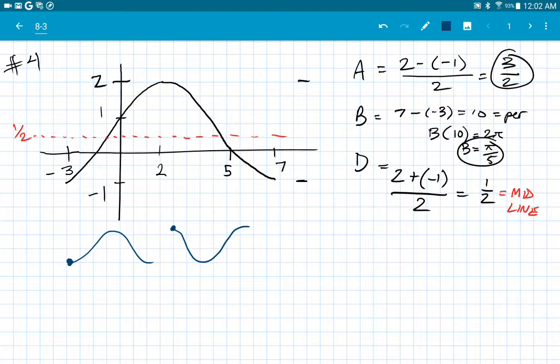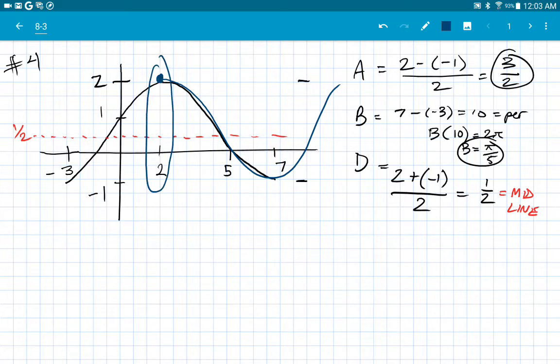So it's your choice. In this case, I'm just going to go ahead and create the cosine graph that represents that maximum, and it'll just make its way down like that. So to do that, since cosine starts right here, my c value will just be 2. So for cosine, we're going to make c equal to 2.